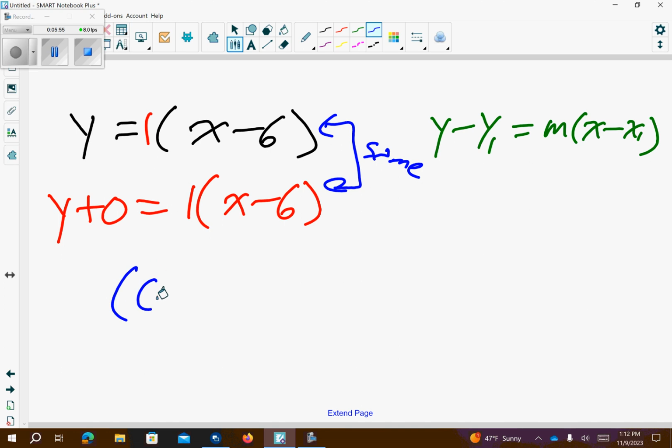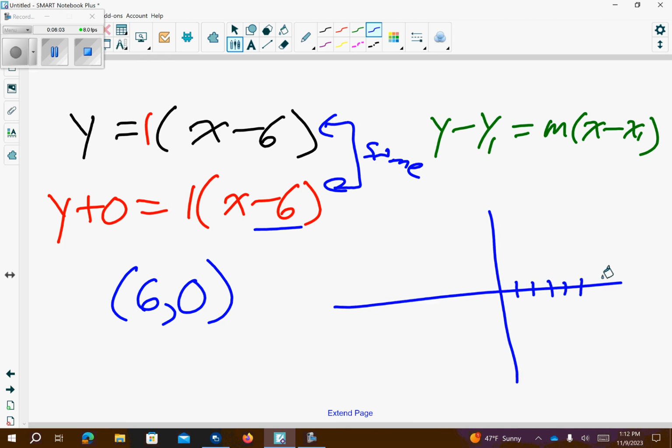So my point is going to be opposite of the negative 6, so it's positive 6. 0 doesn't have an opposite, it's just 0. So 6, 0. And then I have a slope of 1 over 1. Remember, that's my slope, but you made your fraction. So I'm going to go up 1, right 1. And there's my line.